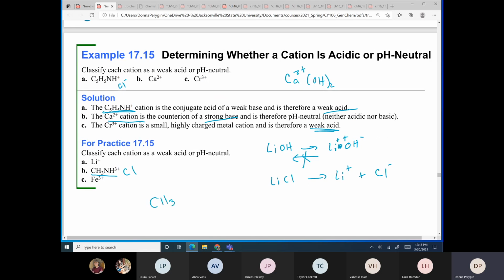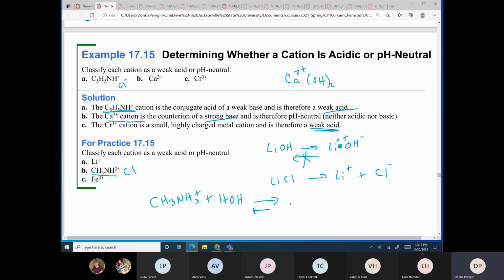So if you put CH3NH3 plus in water, all right, water is HOH, what happens is it can donate a hydrogen to the water and it can form H3O plus and the original base, which would have been methylamine. So because this is the conjugate acid of a weak base, methylamine, it's going to act as a weak acid by increasing the H3O plus concentration.